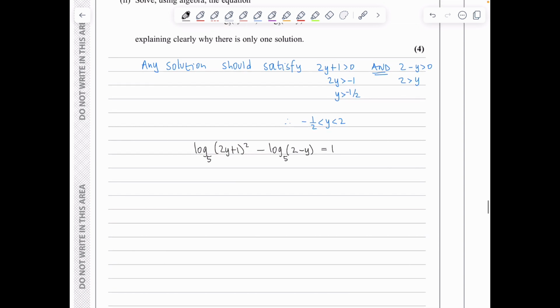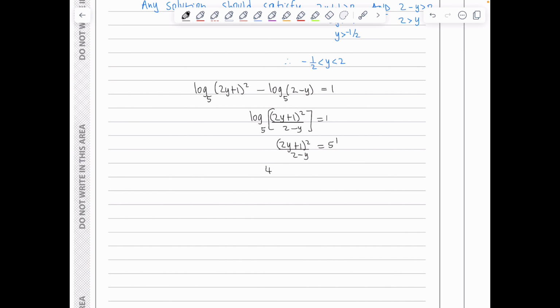Now we've got log minus log to the same base, so this can be written as log of (2y plus 1) squared over (2 minus y) base 5 being equal to 1, which means that (2y plus 1) squared over (2 minus y) is equal to 5 to the power of 1, which leads to 4y squared plus 4y plus 1 is equal to 5 times (2 minus y).